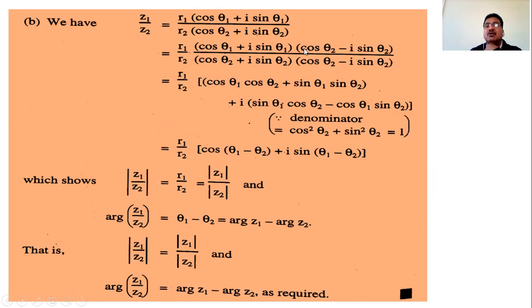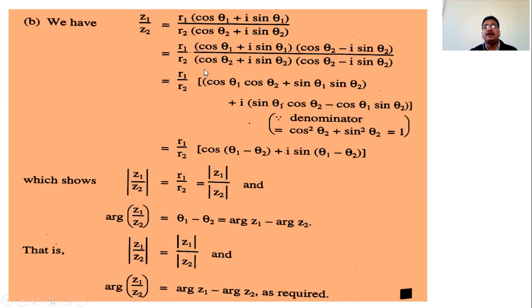Then we have cos theta 1 cos theta 2 plus sin theta 1 sin theta 2 in one bracket. So write first those four terms and then write this step. And we have the imaginary parts, where I take I as common. So what is that? Sin theta 1 cos theta 2 minus cos theta 1 sin theta 2.